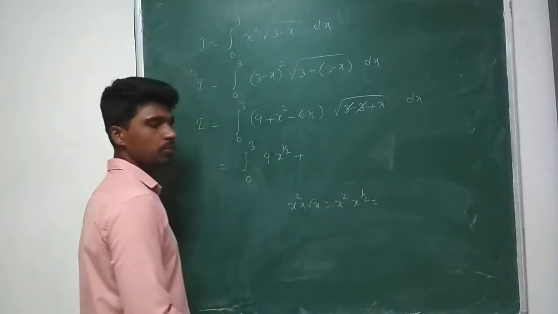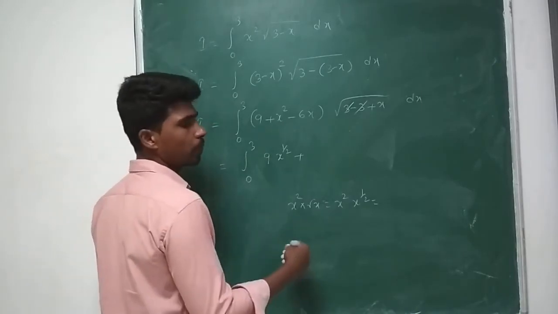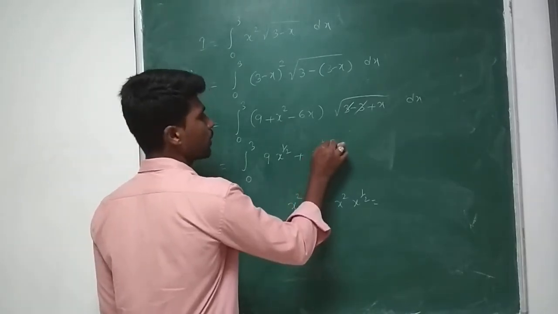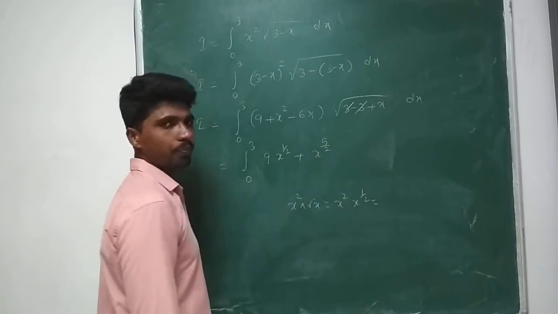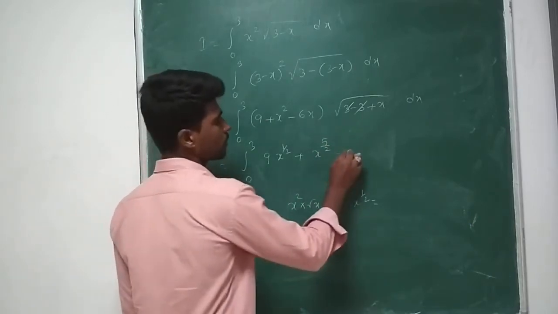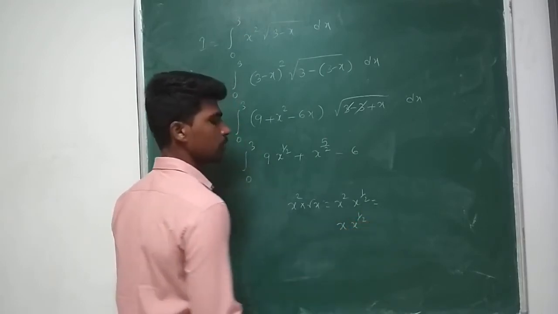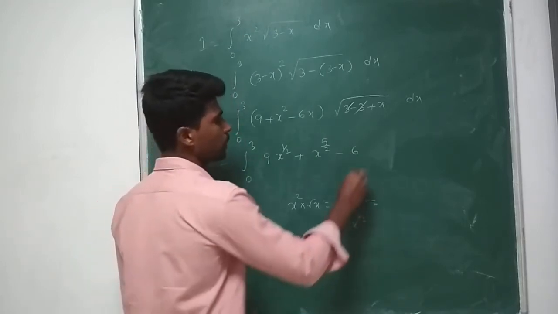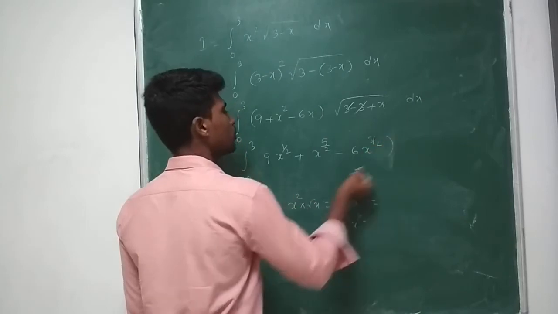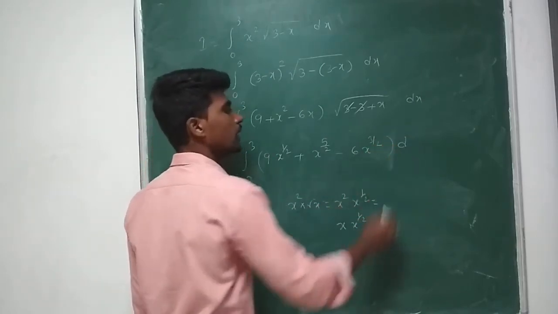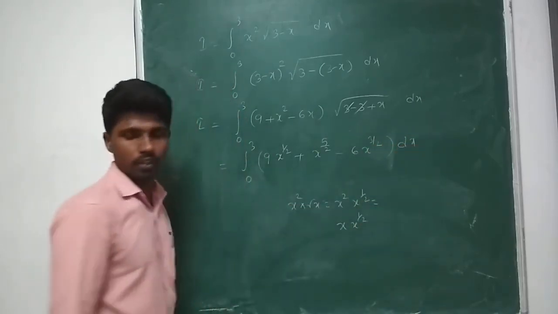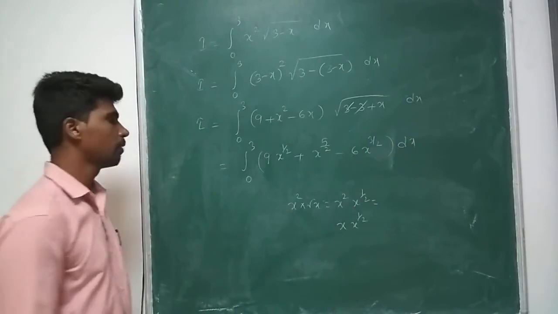Bases are the same, so powers are added: x power 2 plus 1 by 2, which gives x power 5 by 2, minus 6 into x power 1 by 2 times x, which is x power 3 by 2, dx.